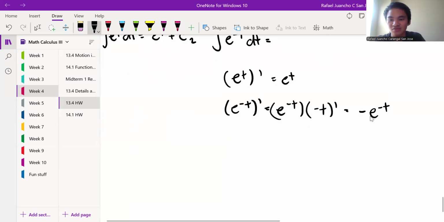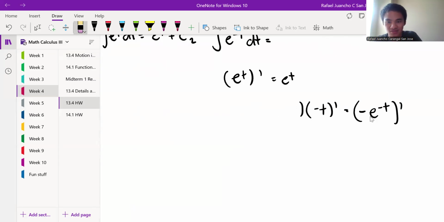So how do I cancel this out? Well, I multiply a negative, right? So if I take the derivative of this, so imagine we don't have this, if I take the derivative of that, now I should get negative e to the negative t, chain rule.